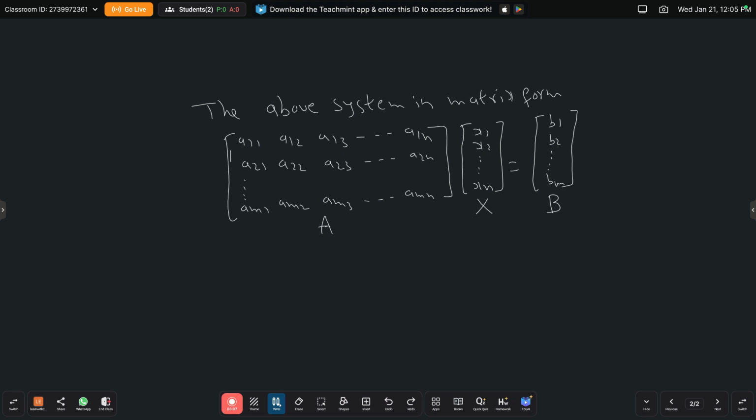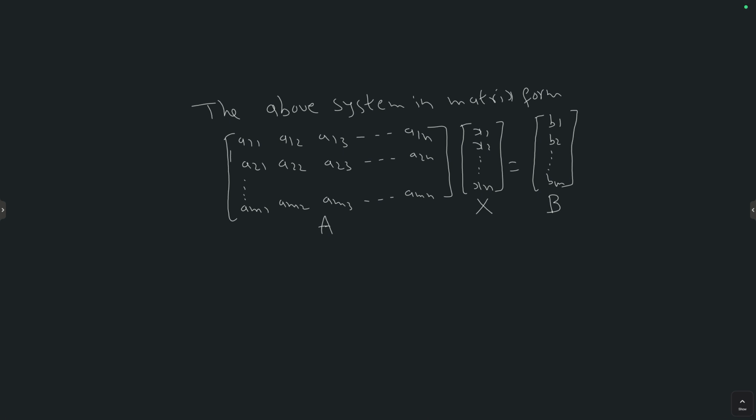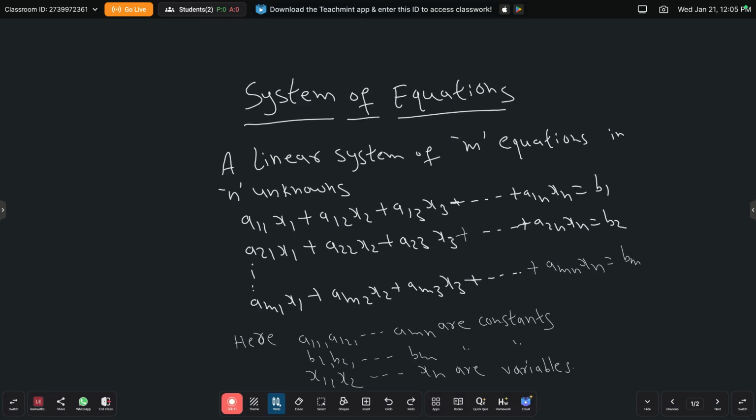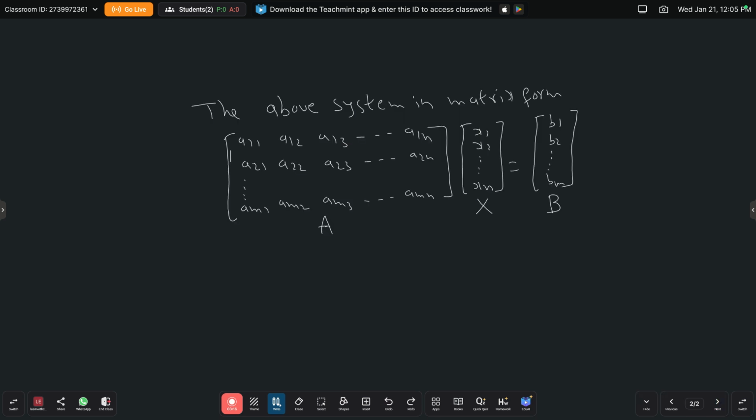So the system in the previous slide in matrix form is written like this: AX is equal to B. All the coefficients in one matrix, so this matrix is called the coefficient matrix.